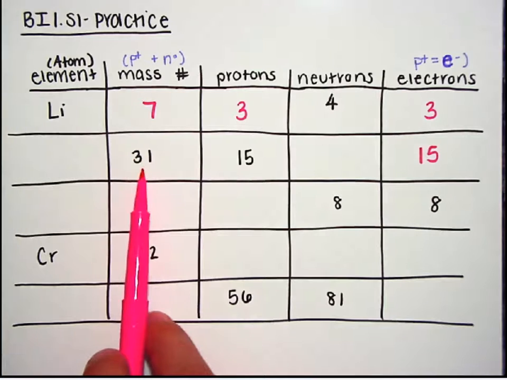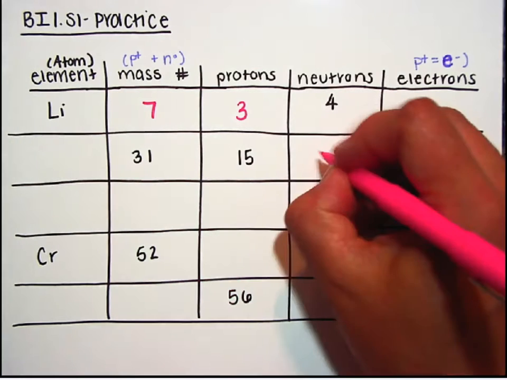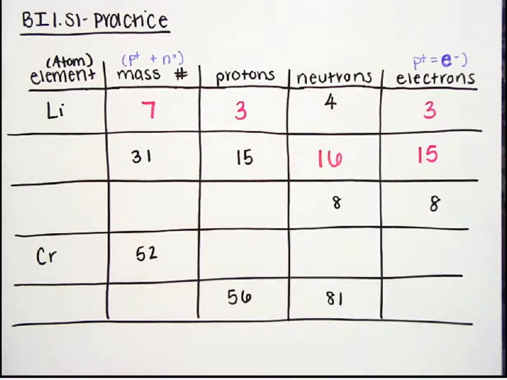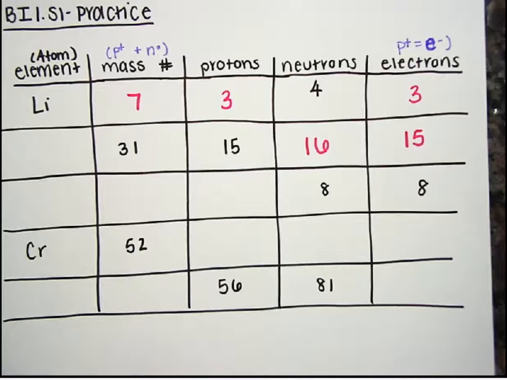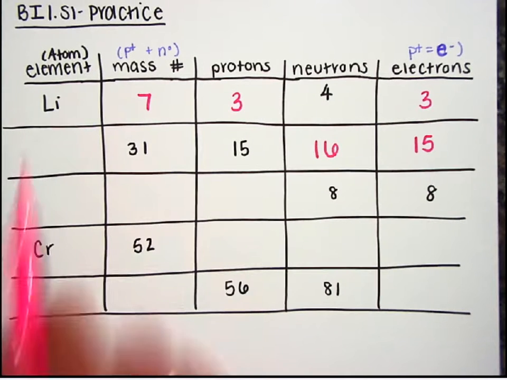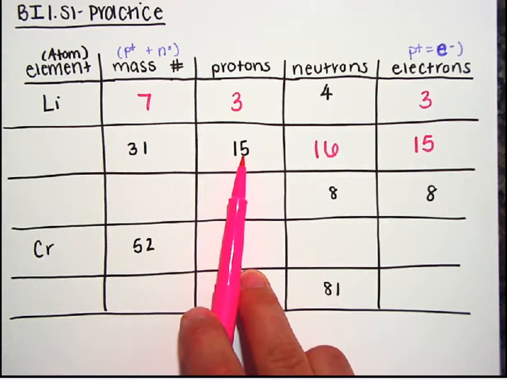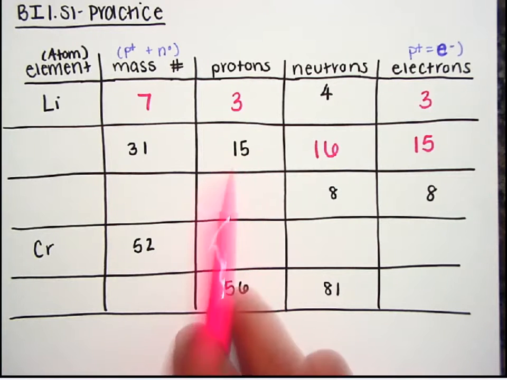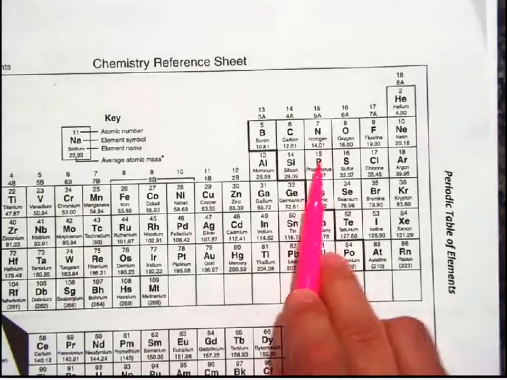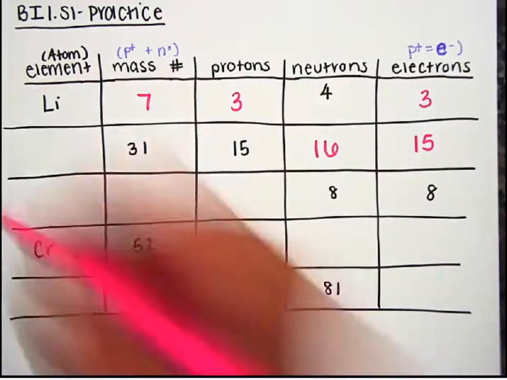So if I take my mass number of 31 and subtract out 15 protons, I should get 16 neutrons. The atom or the element, remember the number of protons determines the identity. If I have 15 protons, the atomic number is 15, and atomic number 15 is phosphorus.